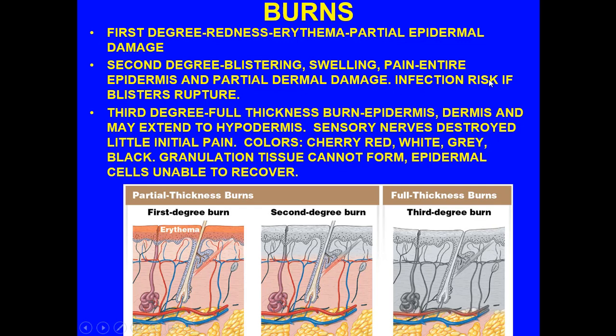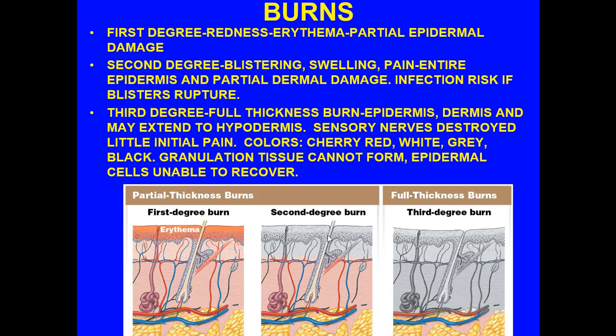The infection risk is greater if the blisters are ruptured. That's why they don't do automatic rupturing of the blisters anymore, only if there's evidence of infection. Okay? If it's just a bump and it's clear fluid and it doesn't seem to be any bleeding or anything, you let it be. That's first degree, second degree.